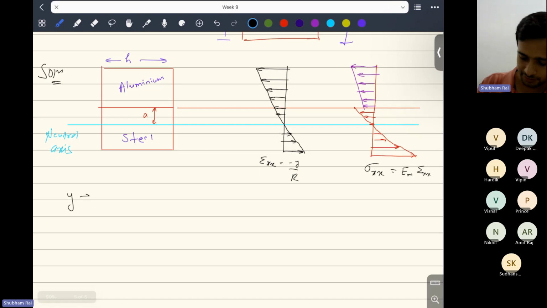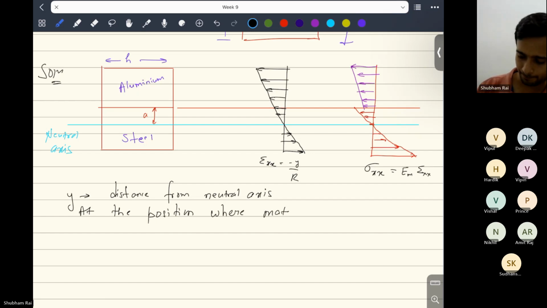Anyway, so let me just find out the position of neutral axis. So I'm saying that y is distance from neutral axis, and at the position where material changes, bending stress profile will also change.